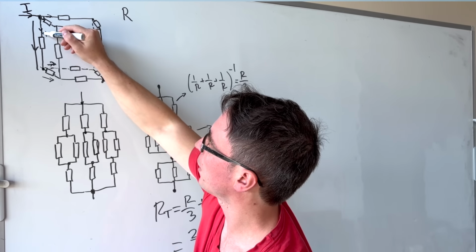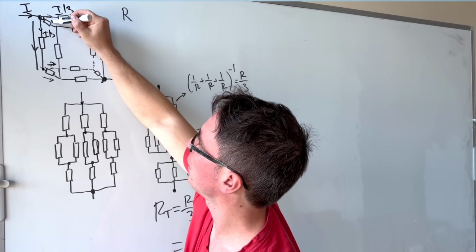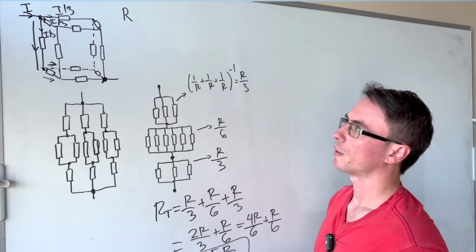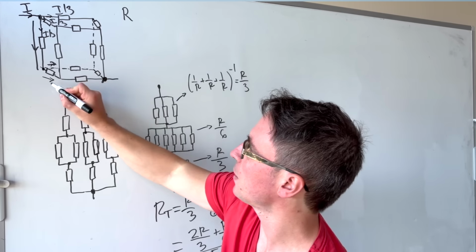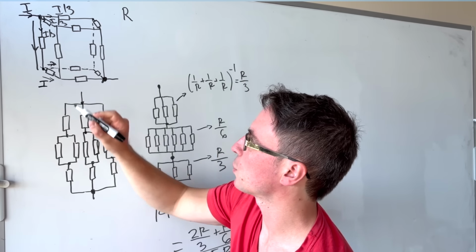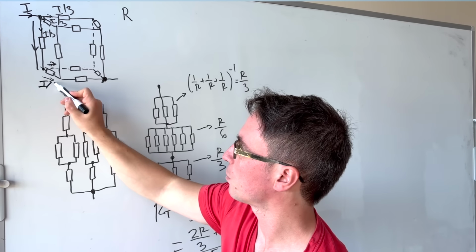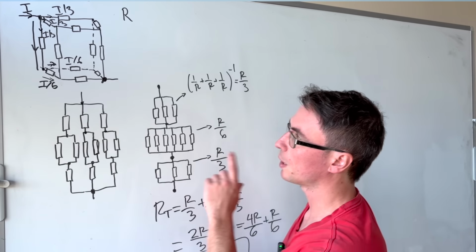Over here, we're going to have I over 3, and then I over 3 across those 3 faces. Now, across the second face, we are going to have 2 possible options. So the current will then split into 2, so this one here will be I over 6, and this one here will also be I over 6.